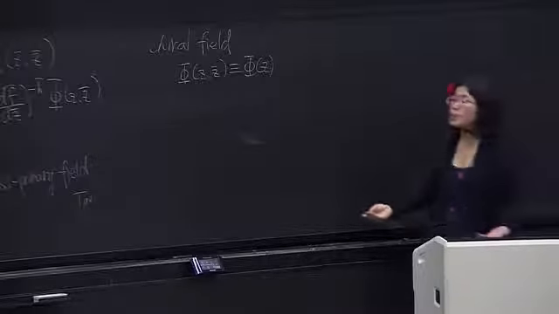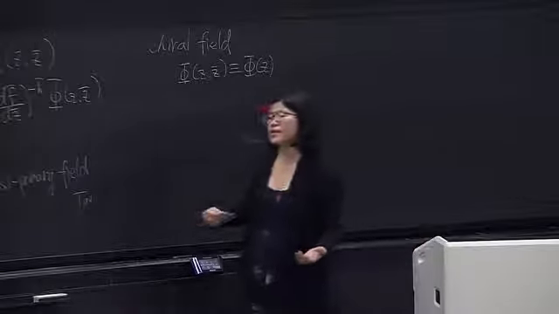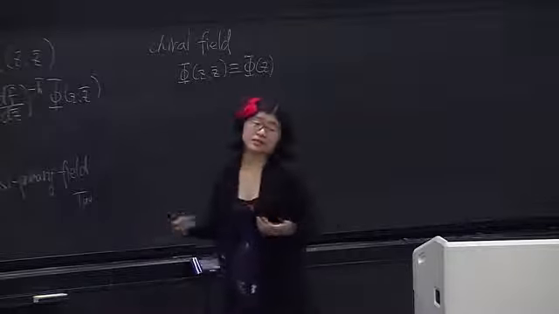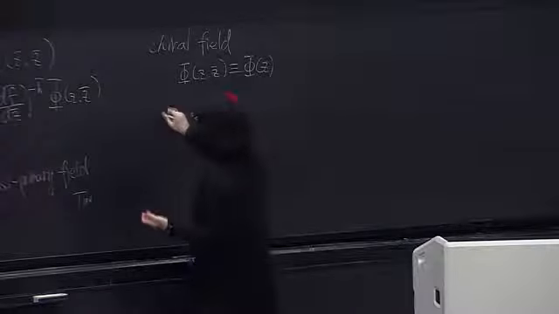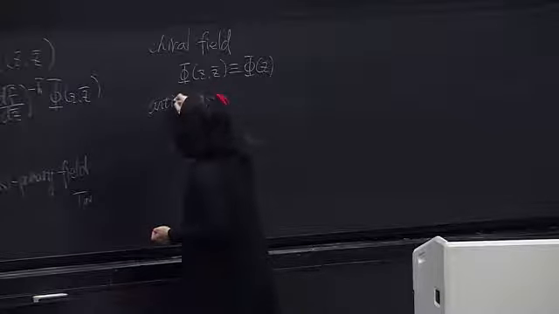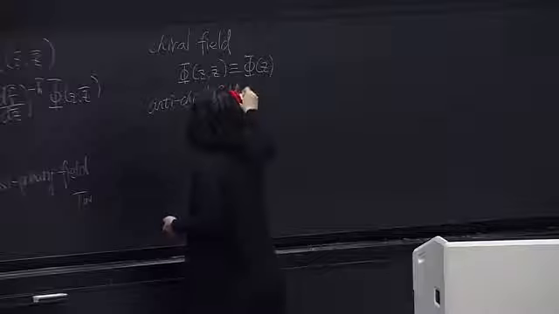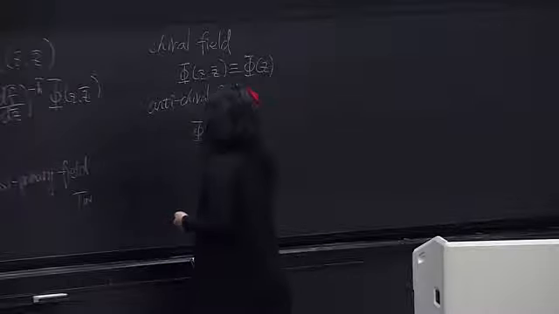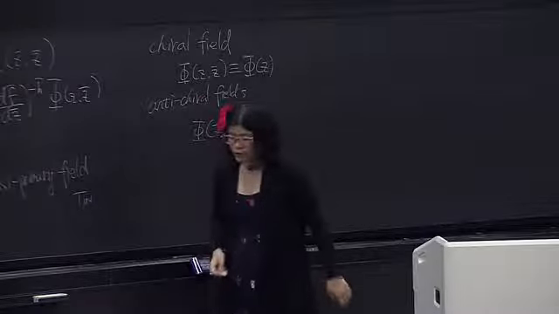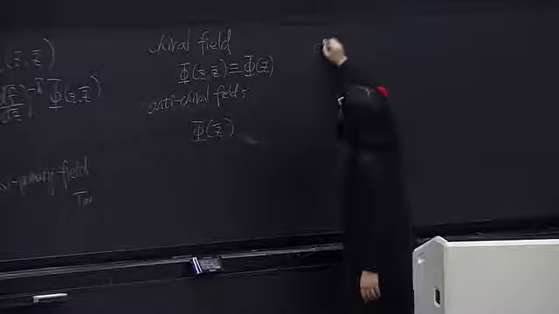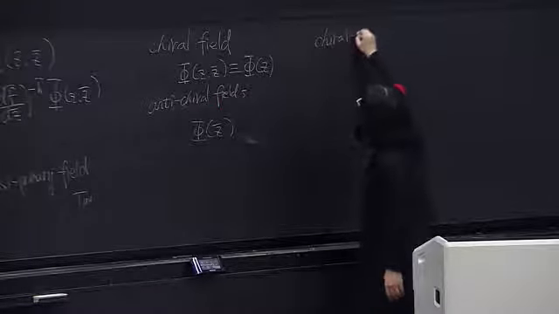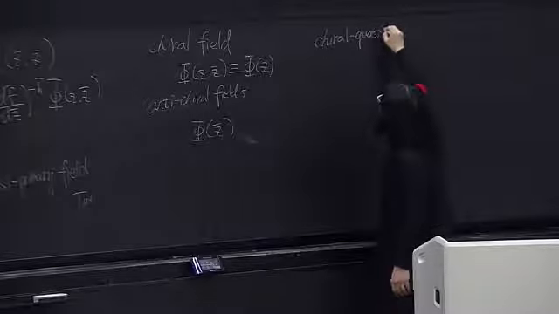It just means your field or operator only depends on z and doesn't depend on z bar at all. Such things exist. And the anti-chiral field is the one that only depends on z bar. So from now on, we'll just focus on chiral quasi-primary fields.